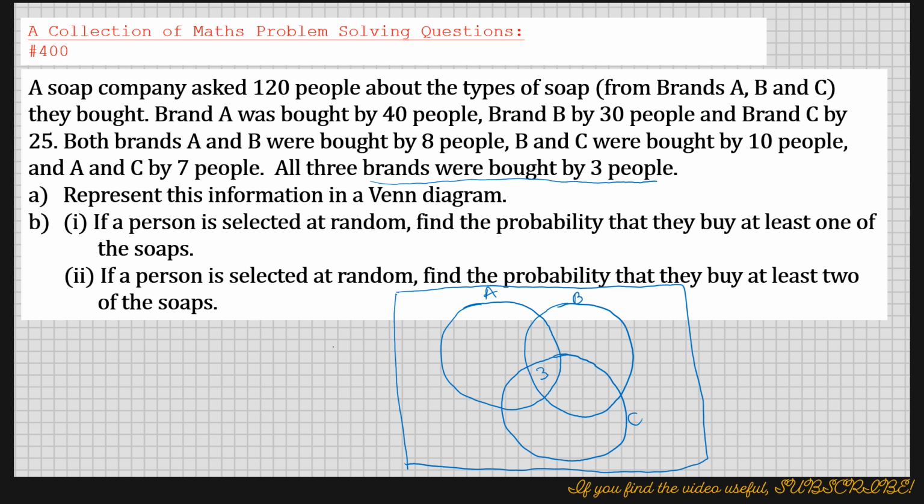If we look at A and B, they were bought by 8 people, so 3 is already taken, so 8 minus 3 would be 5.